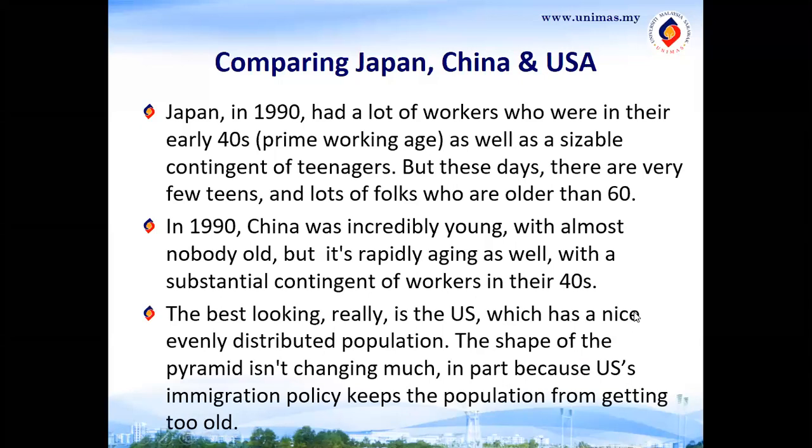Yeah, US is probably the best looking, which has a nice evenly distributed population, where the shape of the pyramid isn't changing that much, yeah, partly because US immigration keep population from getting too old. Jadi ini satu perkara yang penting, ya.